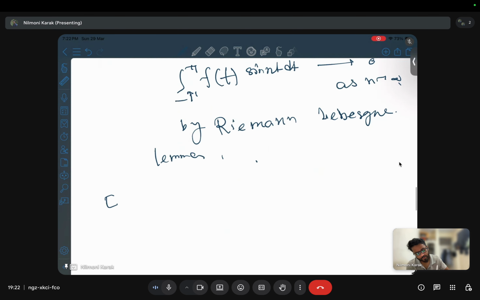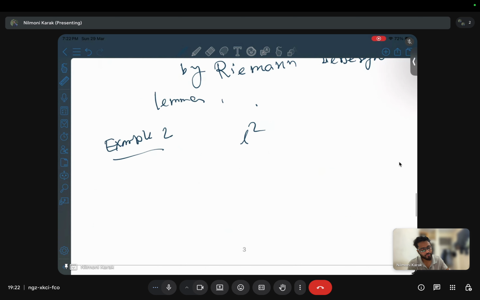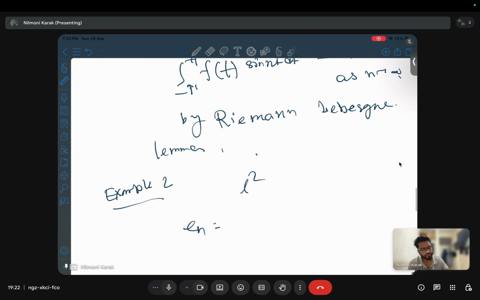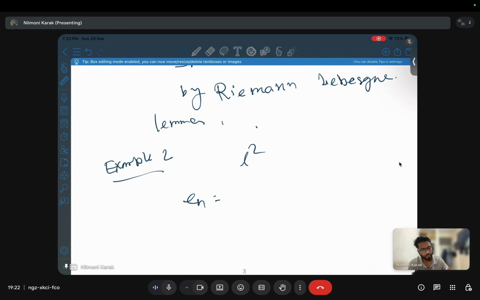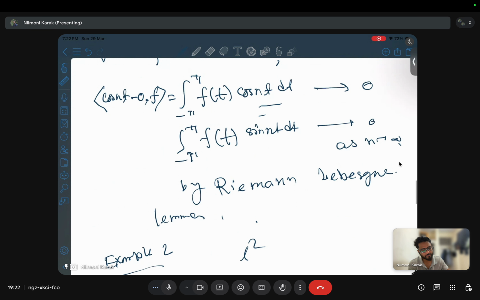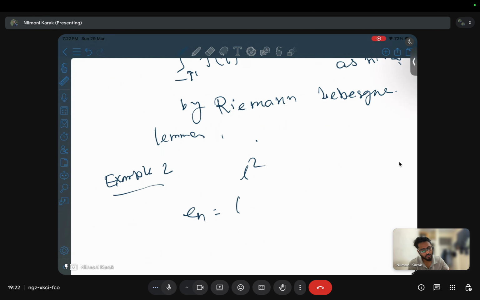If you try another example, you can take the small l2 space. Consider this type of sequence: 0, 0, 1, 0, where 1 is in the nth position.